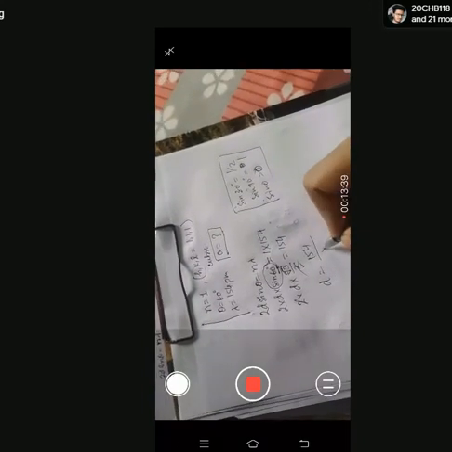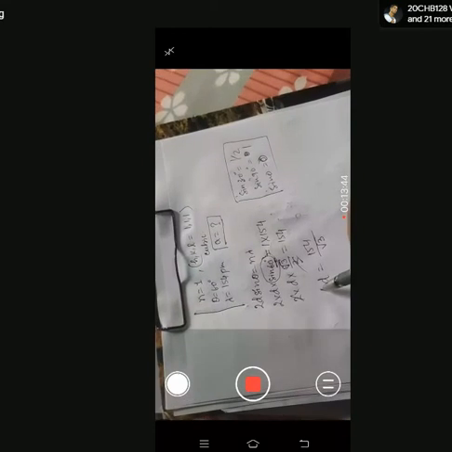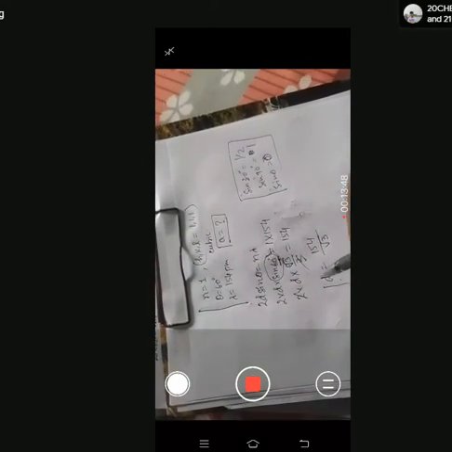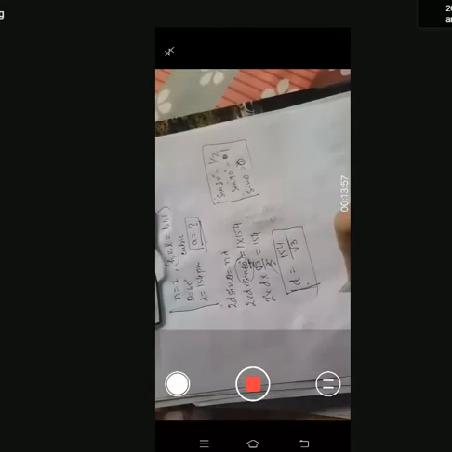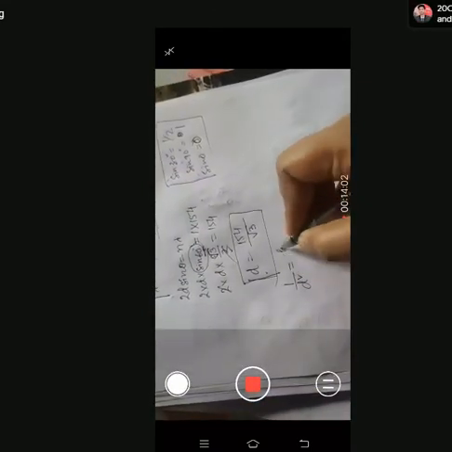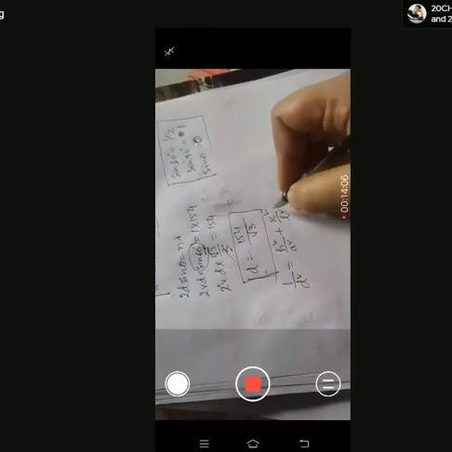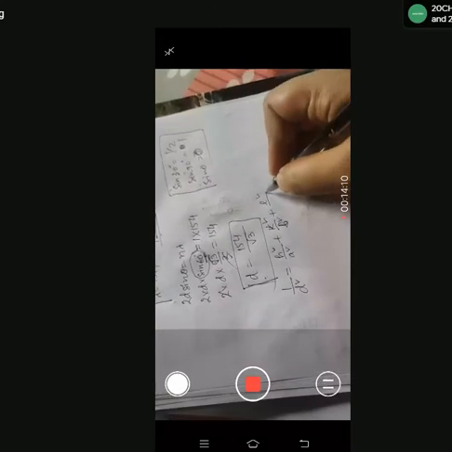by root 3. Now if you simply ask for the interplanar distance, or the distance between any two planes, you can put the answer as this, but they have extended this numerical to determine a. In the previous class I showed you the formula 1 by d square equals h square by a square plus k square by b square plus l square by c square.